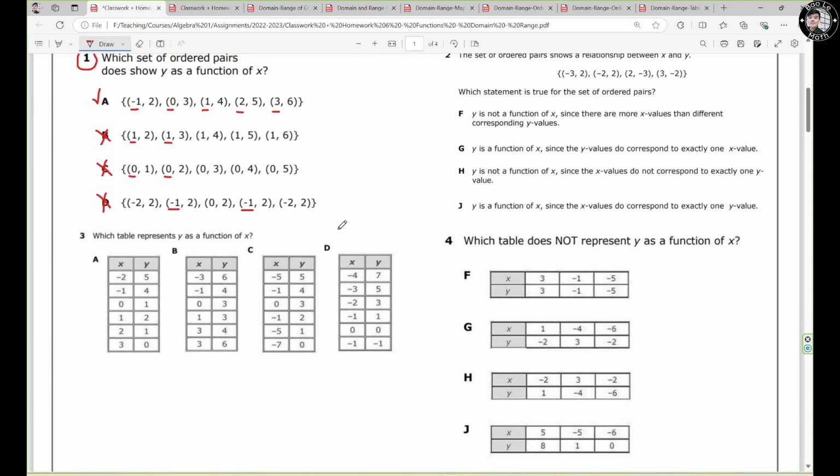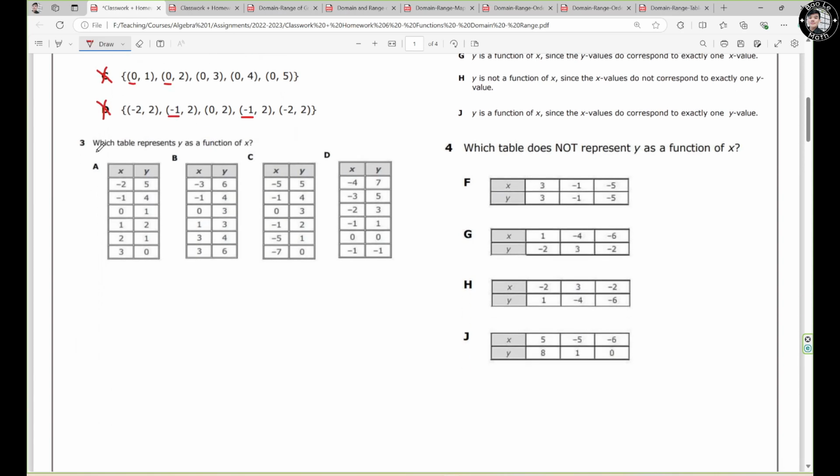So we look at example 3 right here. Which table represents y as a function of x? We check the x values: -2, -1, 0, 1, 2, 3. The x values are not repeating, so this could be the answer. Now, -3, -1, 0, 1.